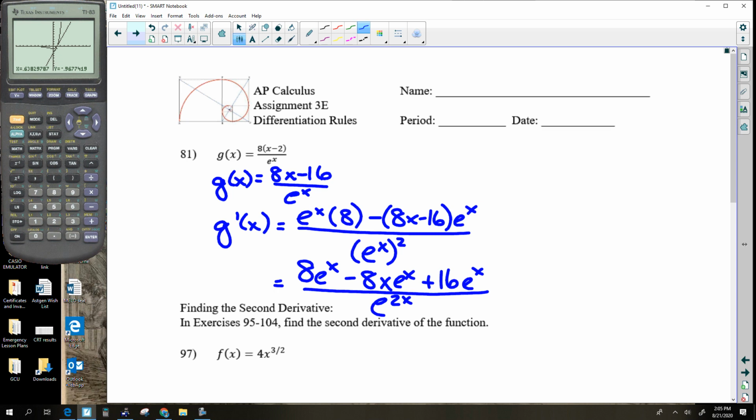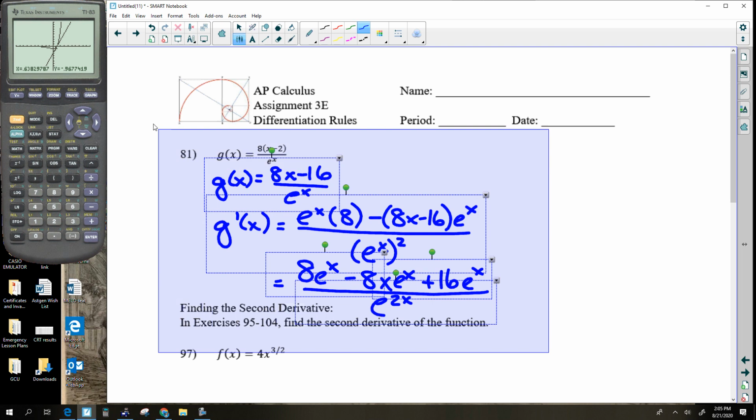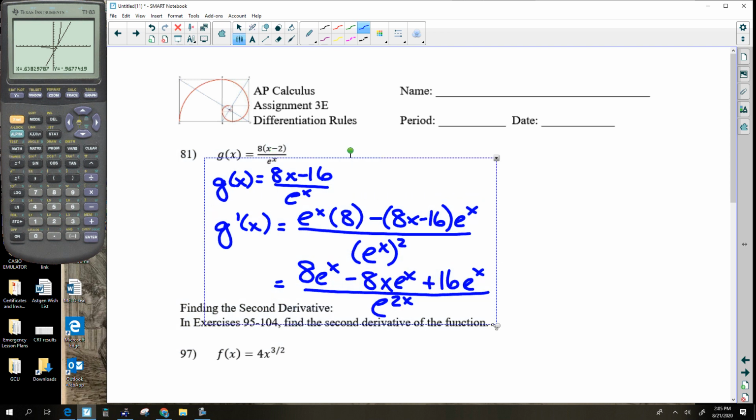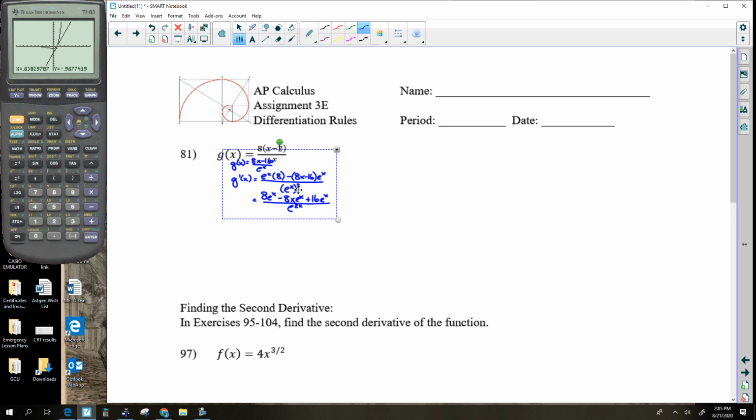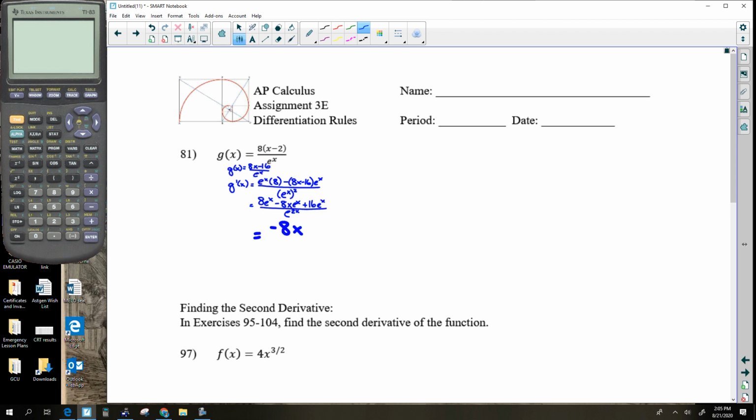I'll multiply now. So I have these e to the x's in the numerator, so that's 8 plus 16, so this is 24.